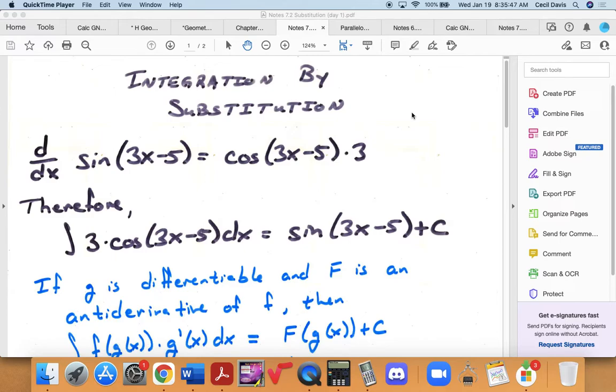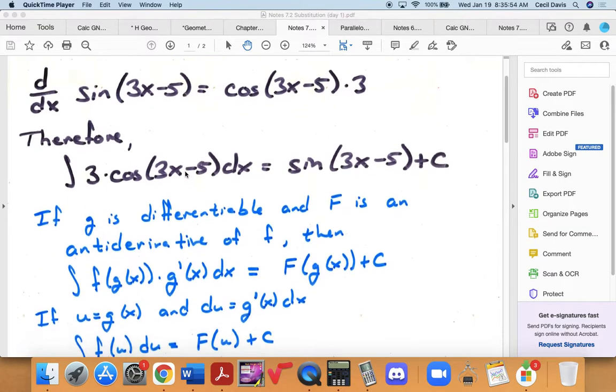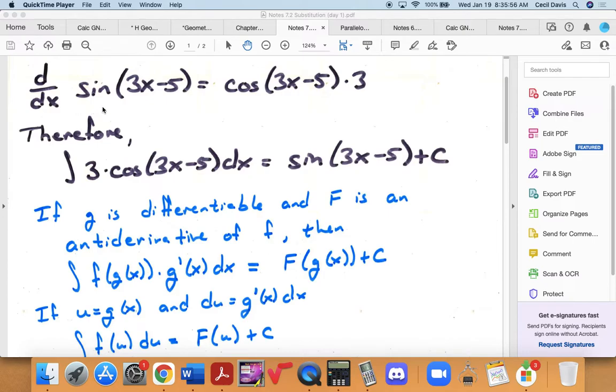Okay, so here's the idea. Remember that if we take the derivative of sine of 3x minus 5, because of the chain rule, we start by taking the derivative of the outer function, so the derivative of sine of something is cosine of that same something, times the derivative of the inside part.